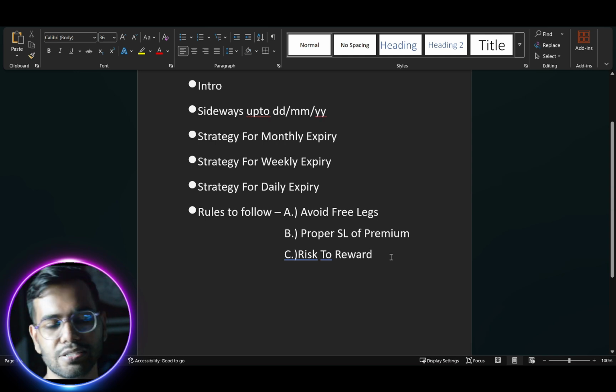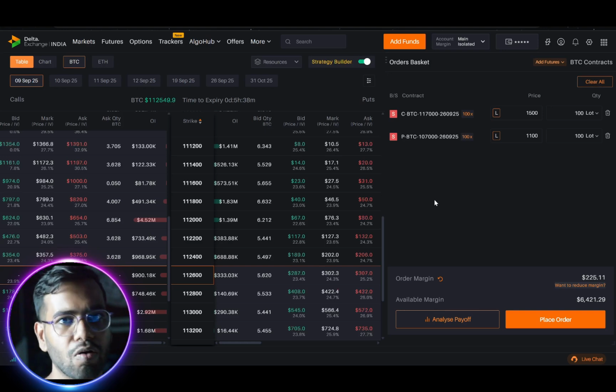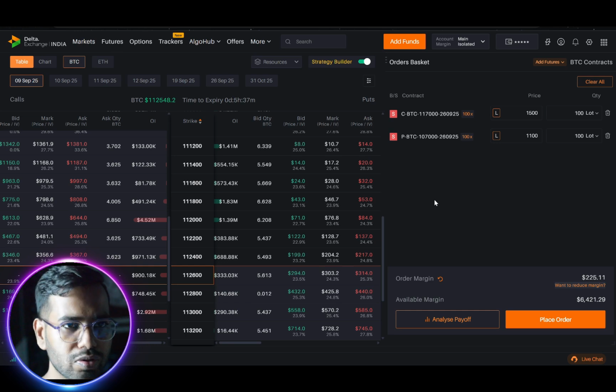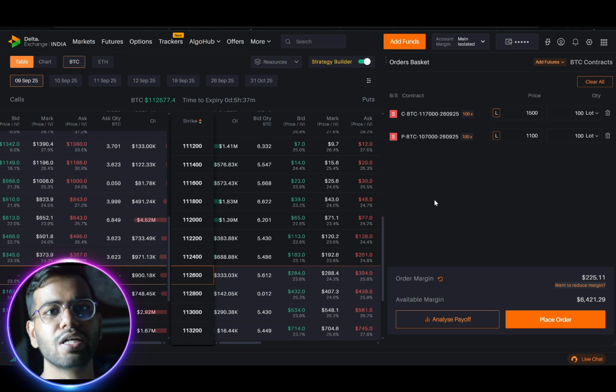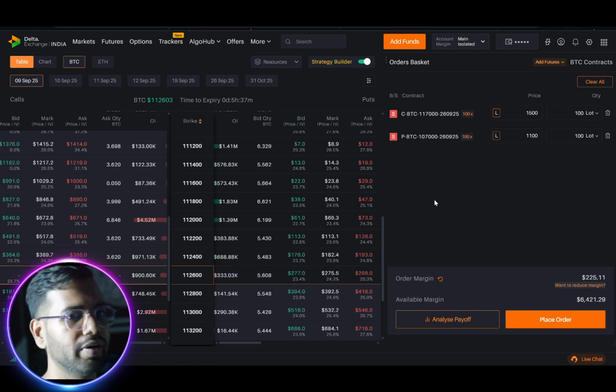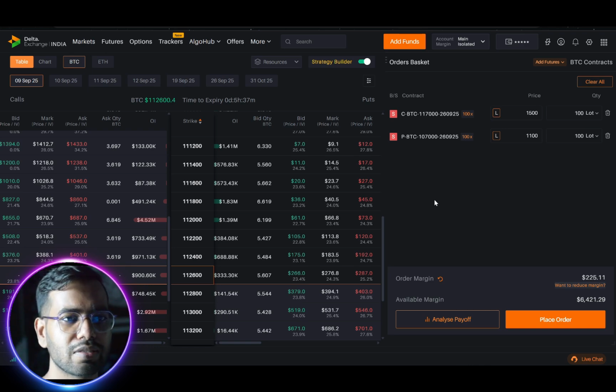You should always follow these rules while making a strangle or while doing option selling, because this will help you ascertain your loss beforehand, and you will know the amount you will lose in a particular trade, which is very important for a trader, and very important to consistently make profit. Because one day you will make a big, unknown loss, which is very dangerous for your portfolio, and you will never grow out of it. So it is very important that you know your loss before you take a trade.